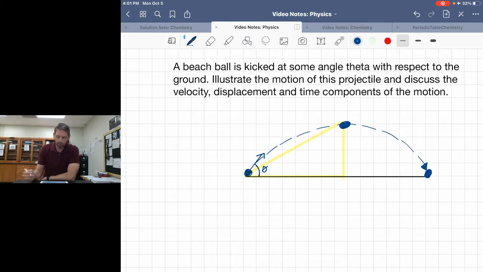So I'm just going to come up with a hypothetical situation here. When we're right up here at the top, the initial velocity on the y would have to be 0 meters per second at that one instantaneous point. So if we know that we have our coordinate system, right? We're always supposed to draw our coordinate system, right?